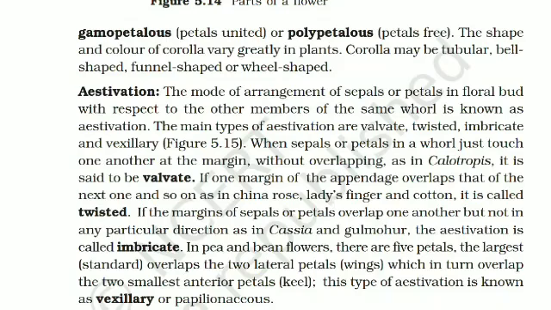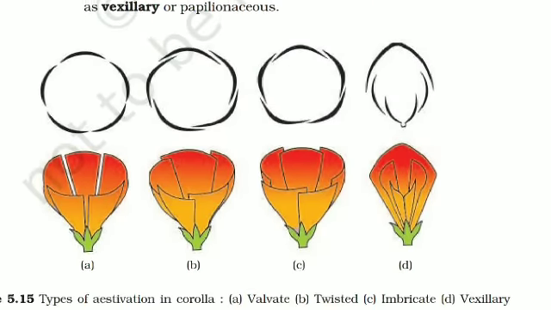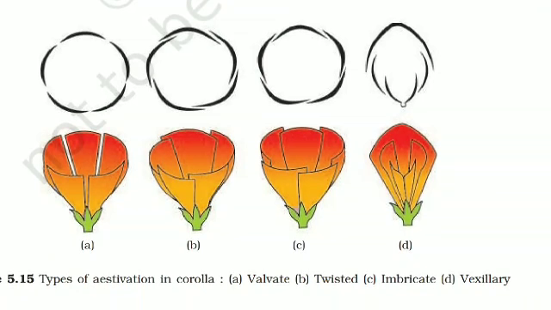So for our better understanding, let us see the diagrams. Okay, so the first one is valvate. What is valvate? As I told, when the sepals or petals in a whorl just touch one another at the margin. You are seeing that they are touching one another.